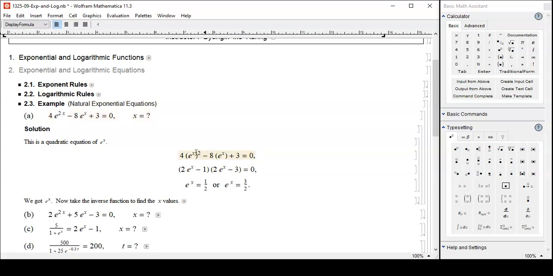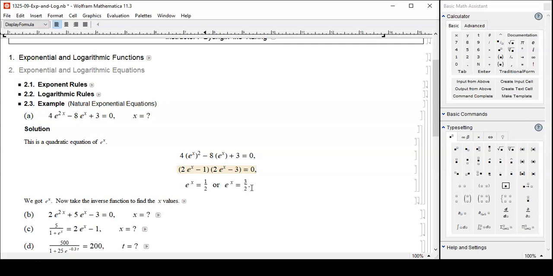So this is quadratic: this thing squared, and then this is first power. So you can factor with respect to e to the x. You can use tic-tac-toe or whatever, you're going to get this. Setting the first factor equal to 0, you get e to the x is 1/2. Setting the second factor equal to 0, we get e to the x is 3/2.